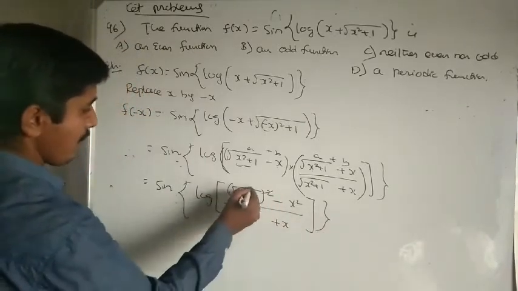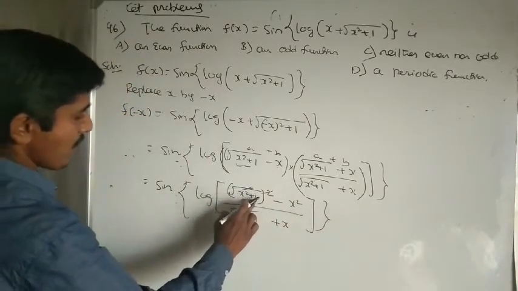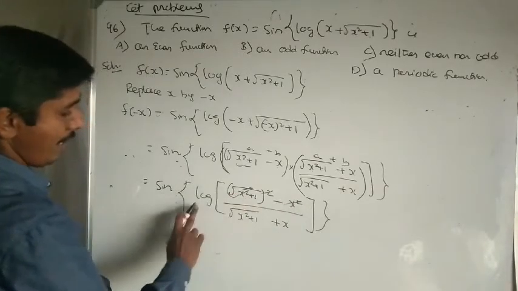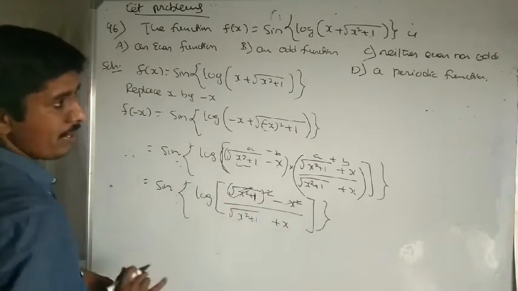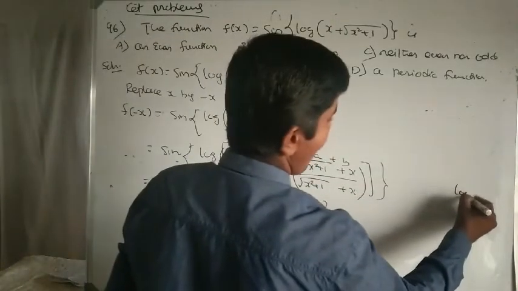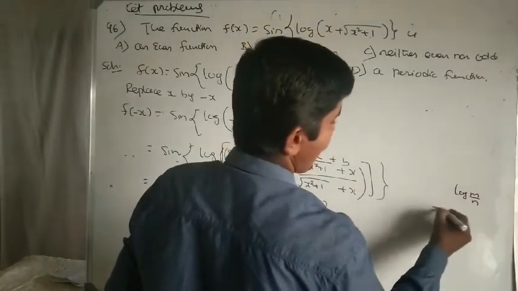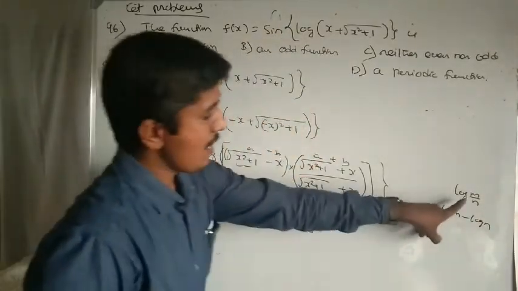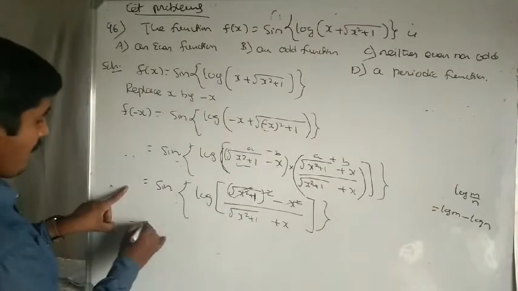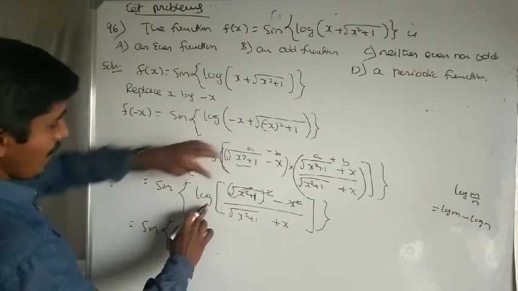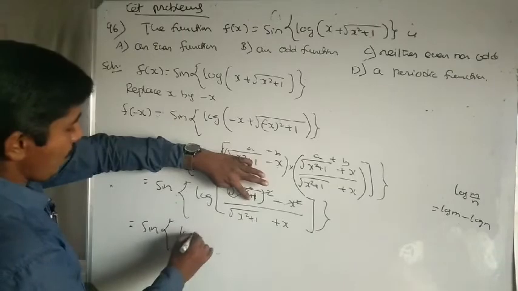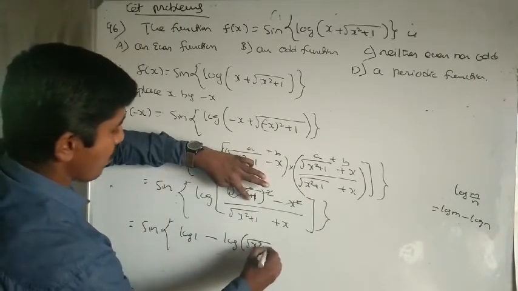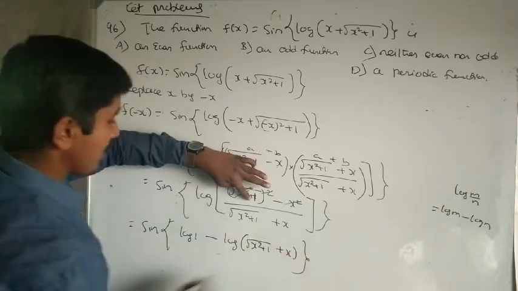Squares cancel, you get x square plus 1 minus x square, x square minus x square cancels, remaining 1. We have the formula log m by n equals log m minus log n, so I am writing log of numerator, log 1, minus log of denominator, log of root of x square plus 1 plus x.